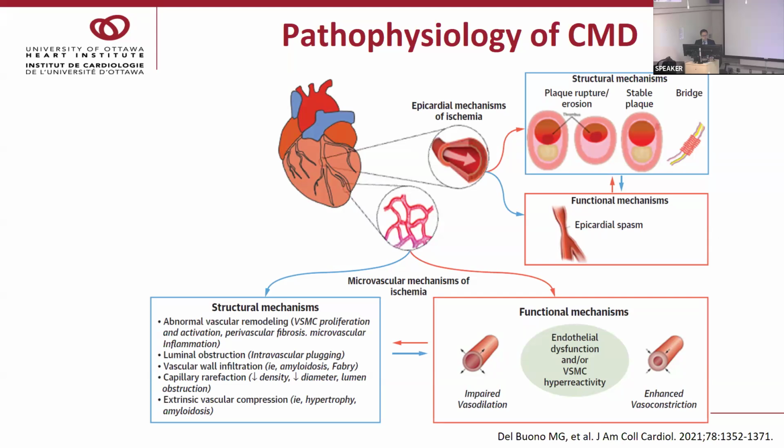Structural mechanisms include arterial remodeling with intimal and medial wall thickening, and perivascular fibrosis, as well as capillary rarefaction, often in the setting of increased LV mass. These changes are seen in specific conditions such as hypertrophic cardiomyopathy and hypertensive heart disease.